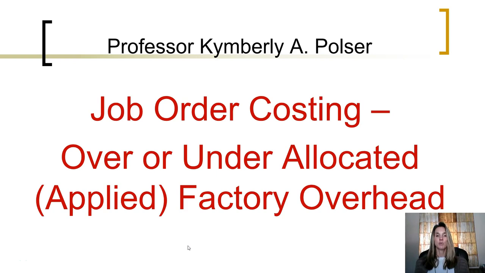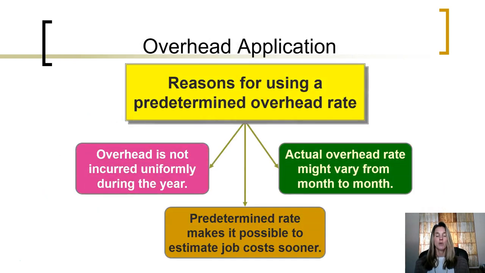In this episode, we will look at the over or under allocation or over or under application of factory overhead. Recall that when overhead is allocated into goods in process or applied into goods in process, that application was done using a predetermined overhead rate. That predetermined overhead rate was based on estimates.